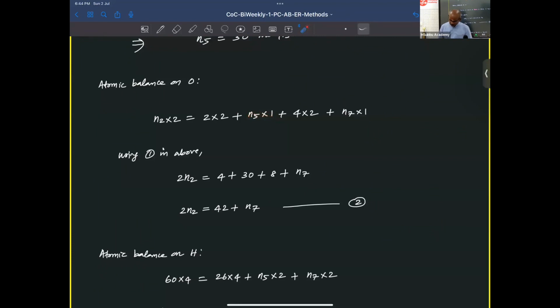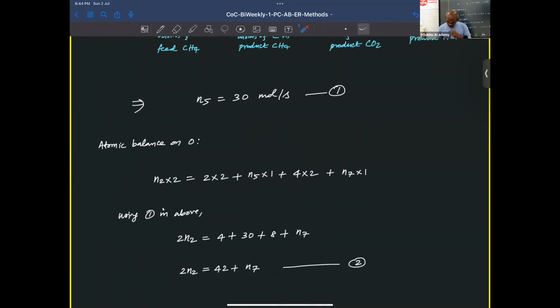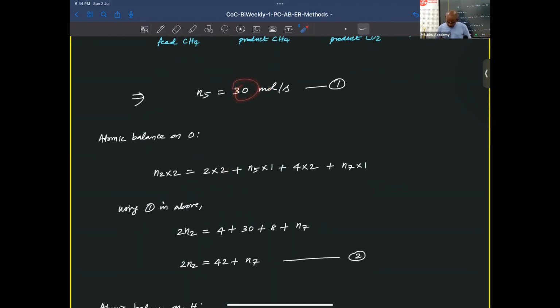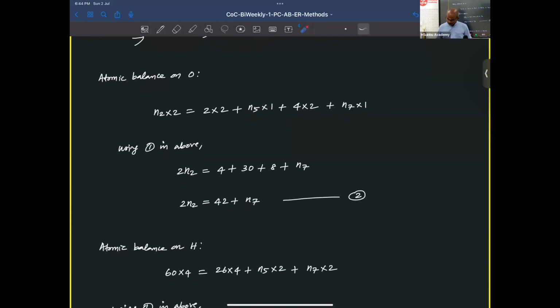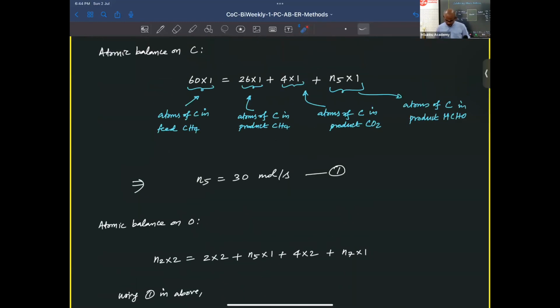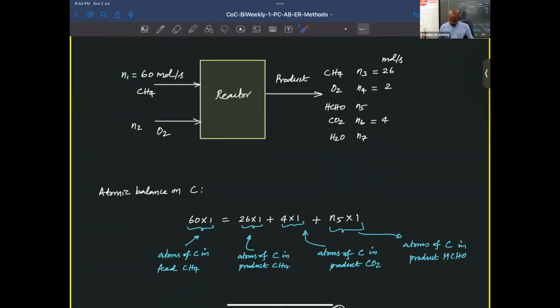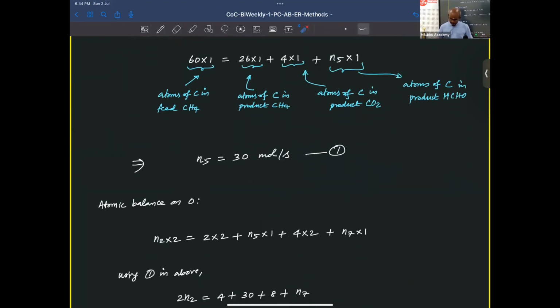Substituting that, we have the two unknowns, namely N2 and N7. What are N2 and N7? N2 refers to O2 and N7 refers to water in the outlet. Okay, connecting that, we have this atomic balance on O.